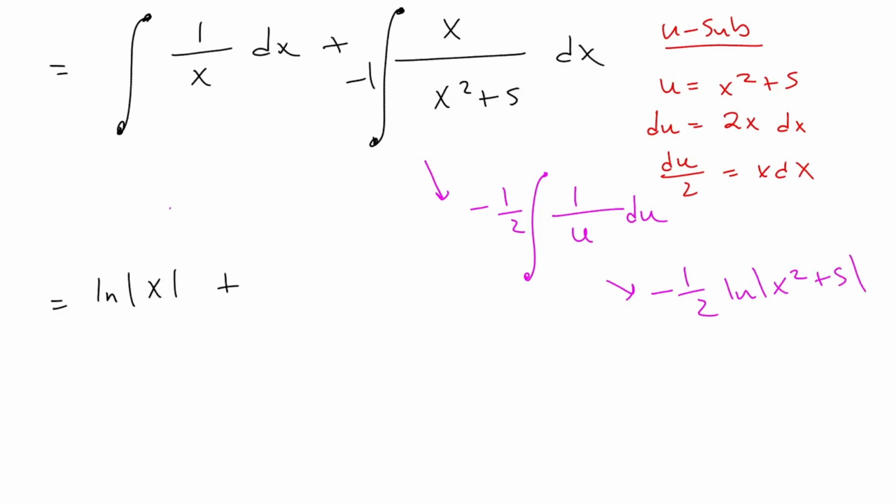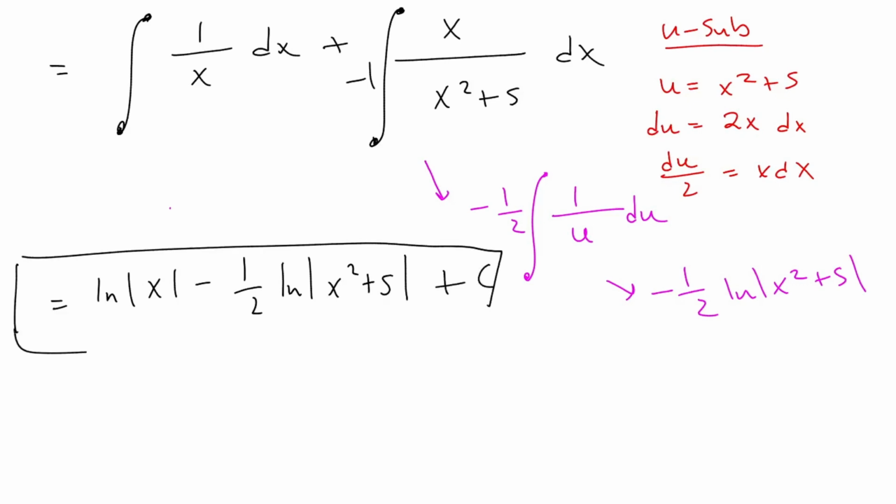All right, so when I'm rewriting this, I can just get my eraser out here. This is going to be minus half natural log of x squared plus 5. Remember the modulus signs, and there should be plus c at the very end, and this should be your final answer to this question. That's all the solving.